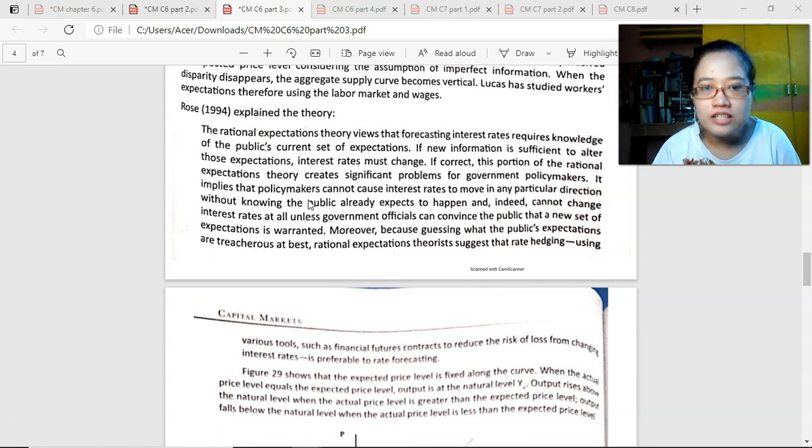Okay, it implies that policymakers cannot cause interest rates to move in any particular direction without knowing what the public already expects to happen, and indeed cannot change interest rates at all unless government officials can convince the public that a new set of expectations is warranted.